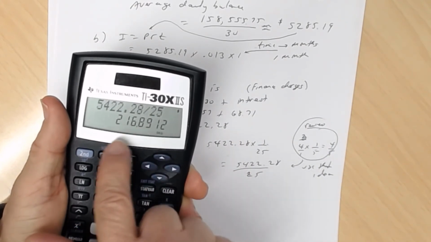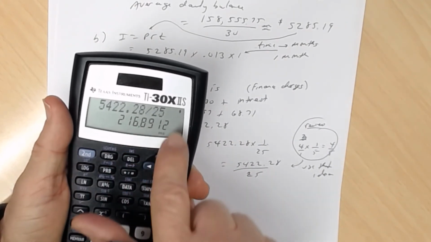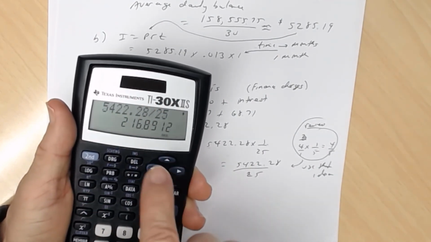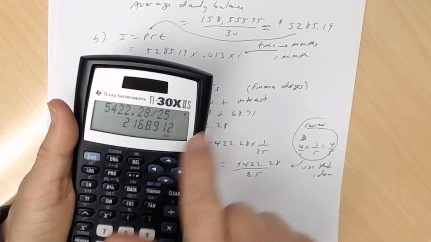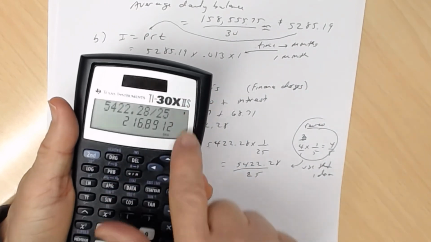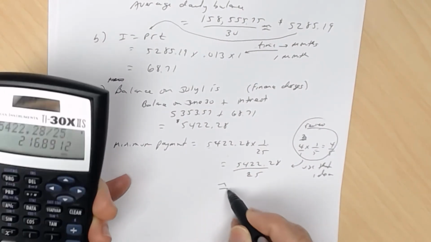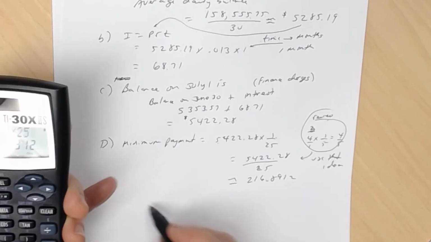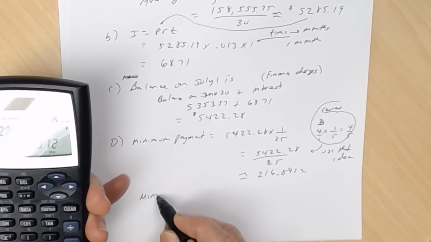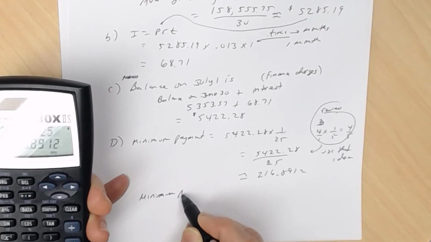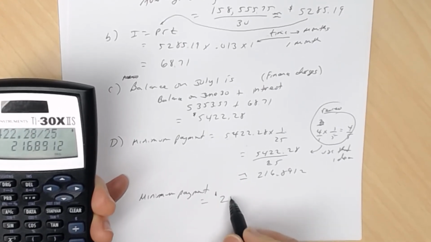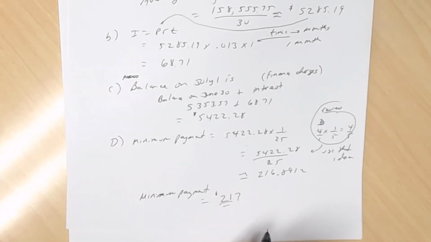It doesn't say round off, it says round up. So this says 216.8912, right? So my minimum payment is going to equal $217.